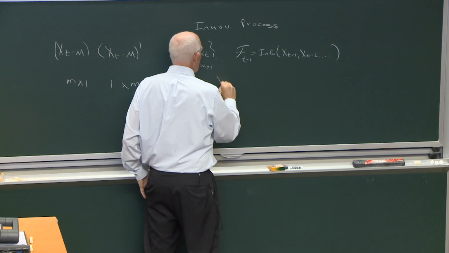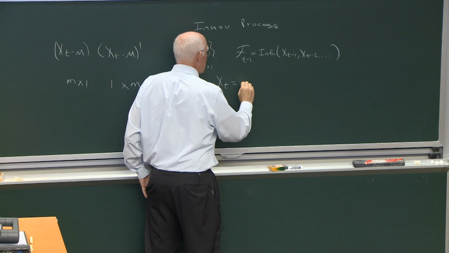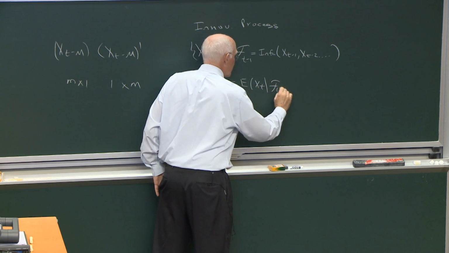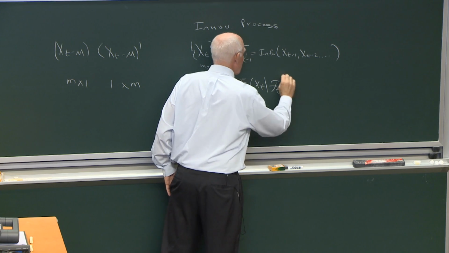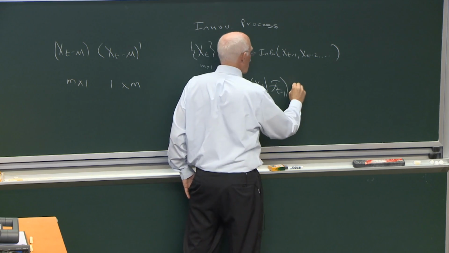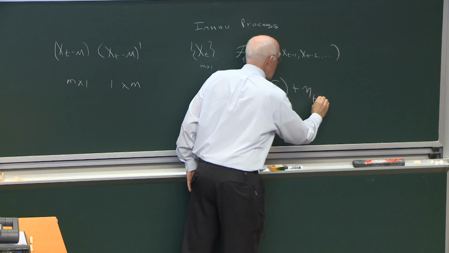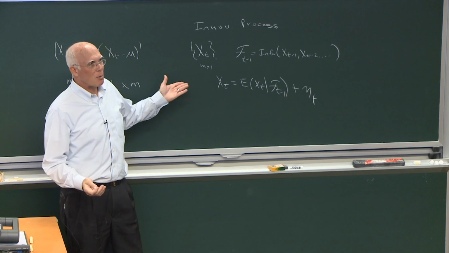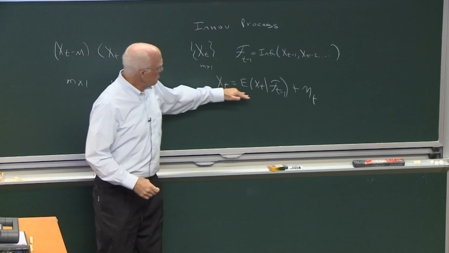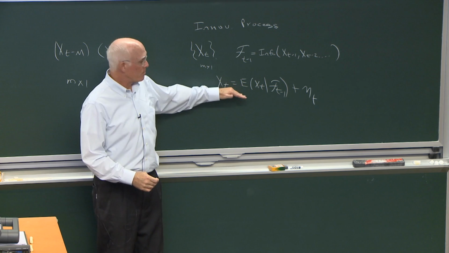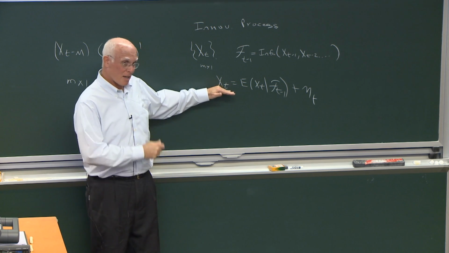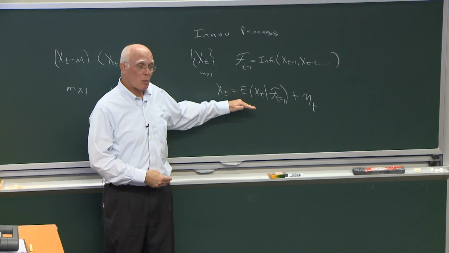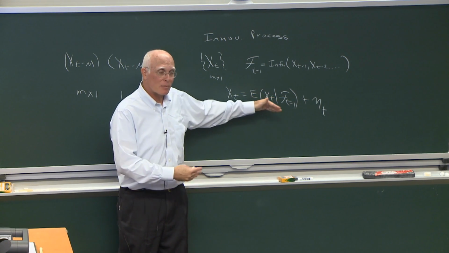Then we can model Xt to be the expected value of Xt given Ft-1 plus an innovation. And so our objective in these models is to think of how the process is evolving, where we can model the process as well as possible using information up to time before t.